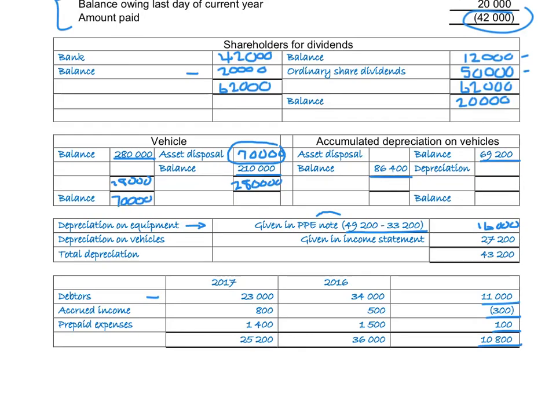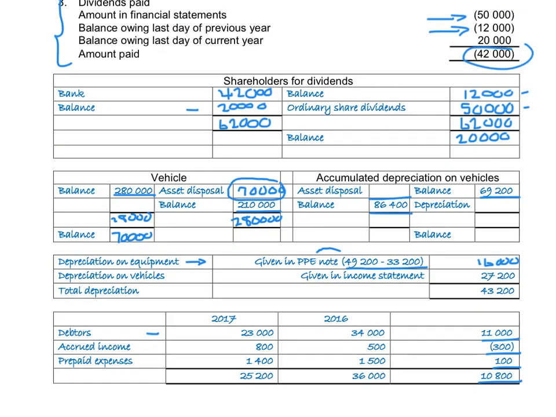The accumulated depreciation, we can determine what amount must go to asset disposal because they said we took it out at carrying amount. The depreciation on vehicles is given in the income statement as 27,200 Rand. So I can debit depreciation with 27,200, credit accumulated depreciation, and then I can work out the total, 96,400.